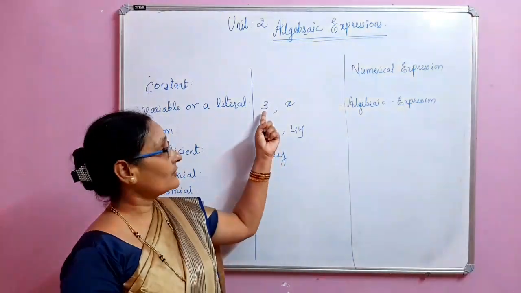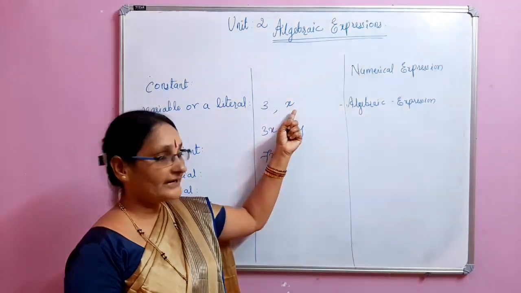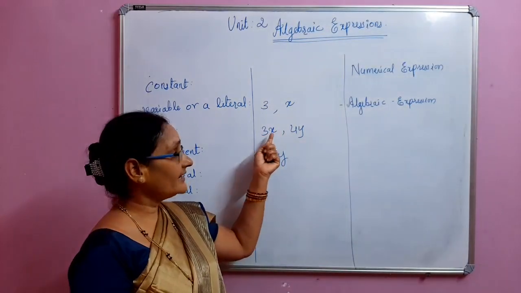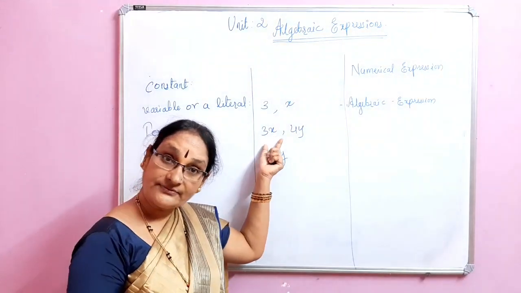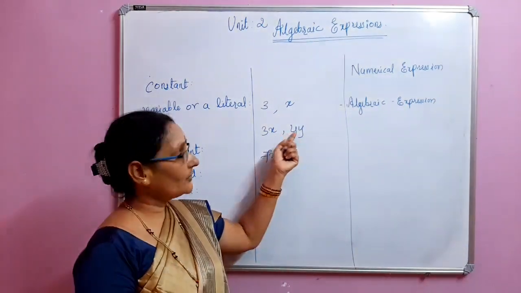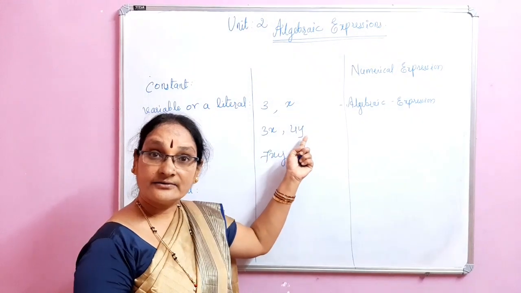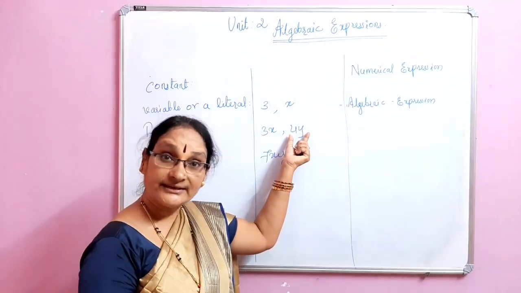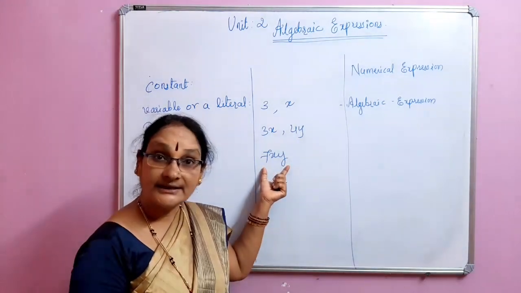Here the constant is a term, the variable is a term, and the combination of a constant and a variable is also a term. 4y, constant and variable, this combination is also a term.